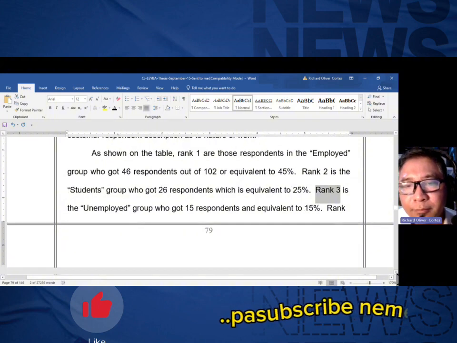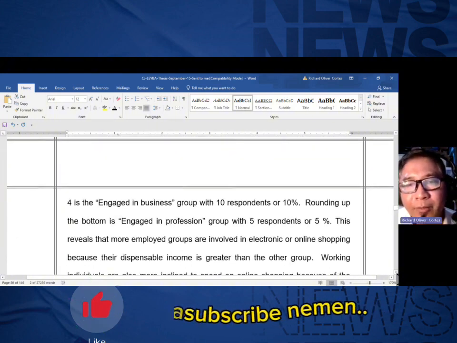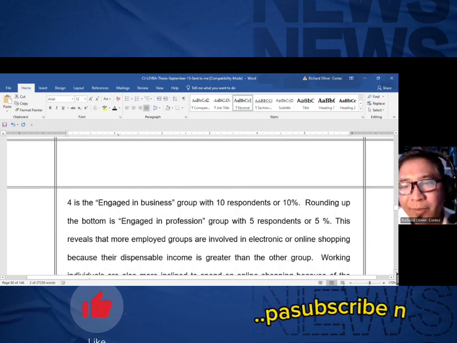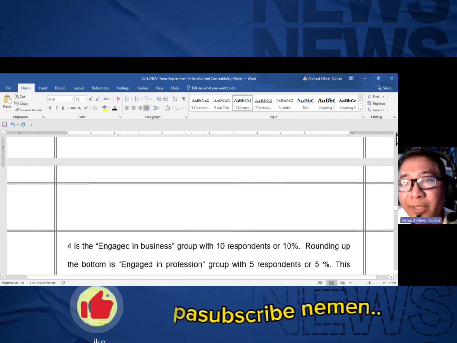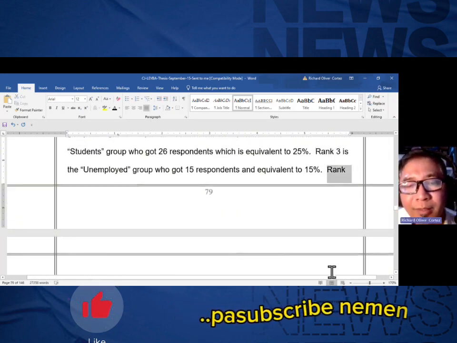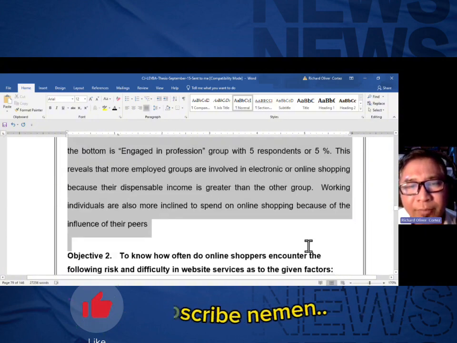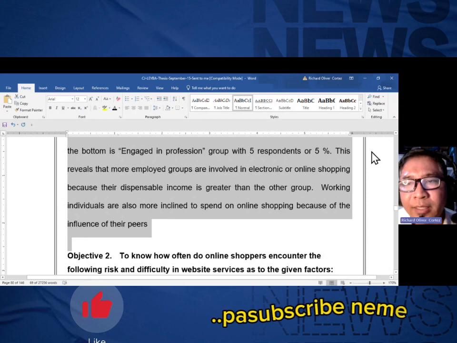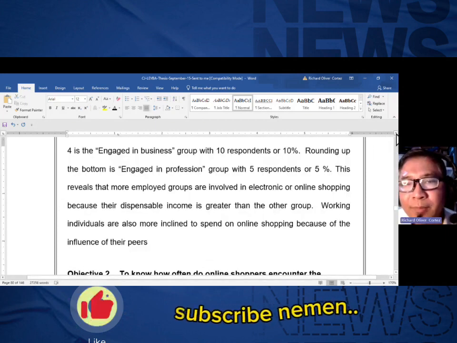So the top 3 in rank. If you're feeling diligent, you can also discuss the whole ranking. But sometimes the panel of evaluators will just ask for the top 3 in the ranking. Okay, so you discuss per rank.